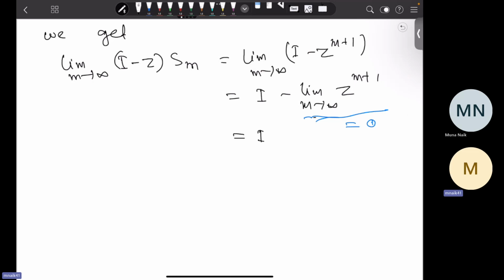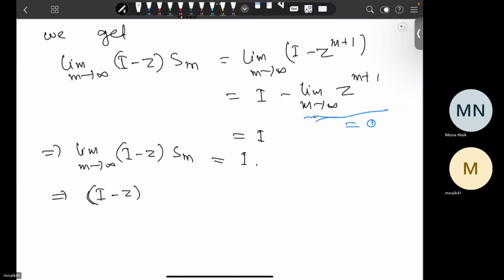Now in this matrix multiplication, what I'm getting is the limit as m tends to infinity of I minus z times S_m. Since matrix multiplication is a continuous function, I can take the limit inside.